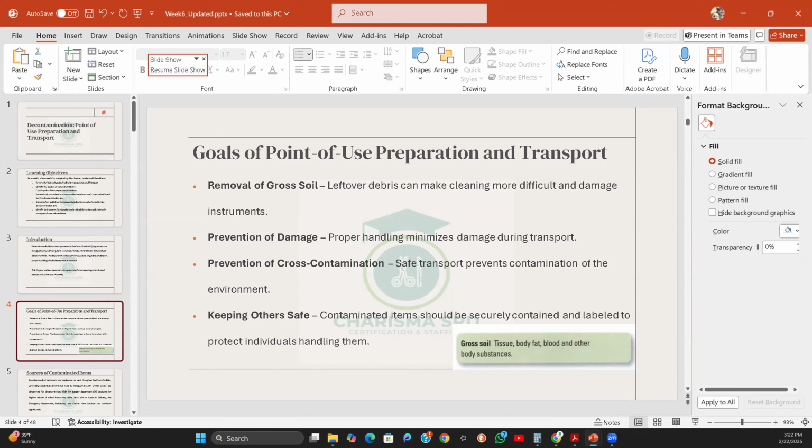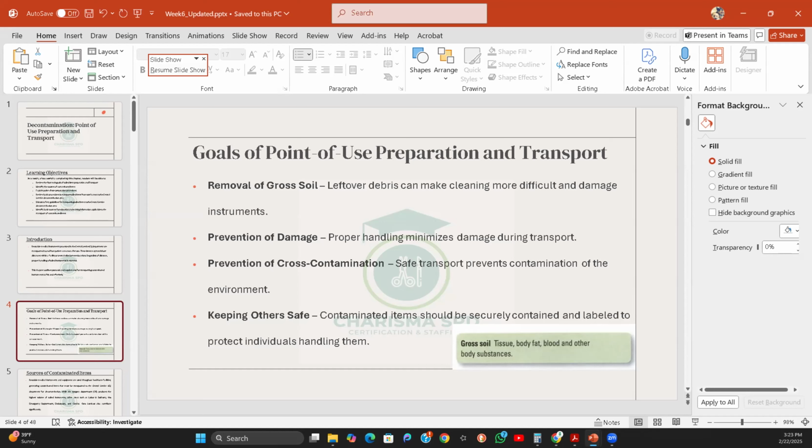Any other? Body fat. Yeah, body fats. Any other? Oil. Body fluids. Bone chips. Okay? All of these become the gross soil on the instrument.